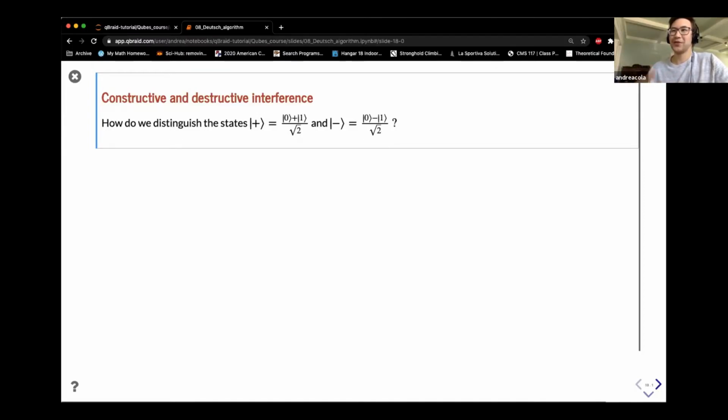So bear with me if you're very familiar with them. I think it's useful for the people who are seeing this for the first time. So the question I have for you is, how do we distinguish these two states, ket plus and ket minus? This should be a question that you should be able to answer. And if not, we can quickly discuss it again.